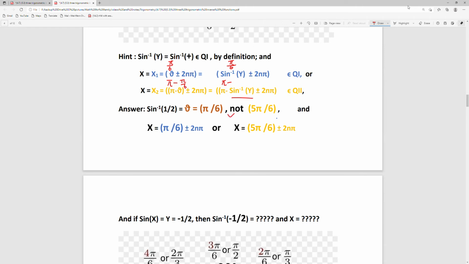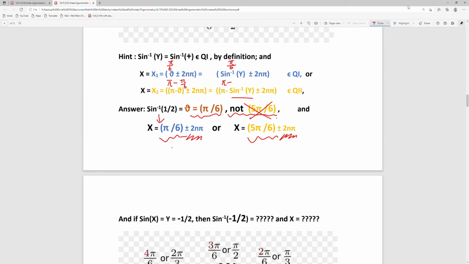And remember, for the arcsine, we only choose pi/6. We don't choose 5 pi/6. But your solution needs to include both groups, pi/6 and 5 pi/6 plus minus 2n pi. Okay? So arcsine won't provide you both groups.